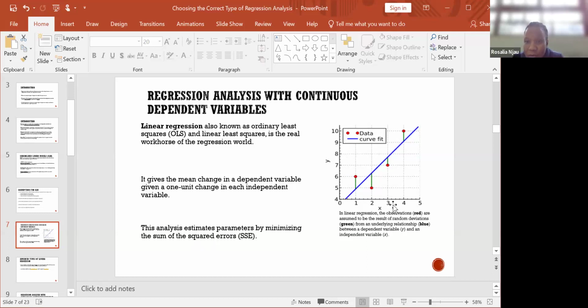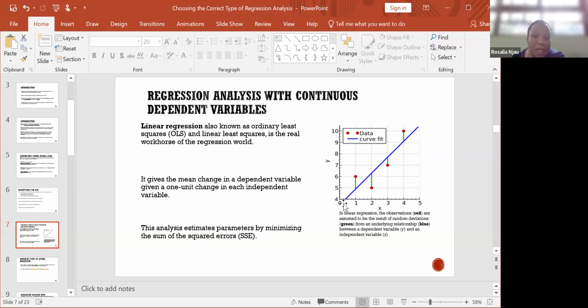We can see from this graph that for every unit change in the exposure, there's a change in the outcome, but the observations are really scattered. So the regression line is produced by the process of ordinary least squares, by minimizing the sum of squares.